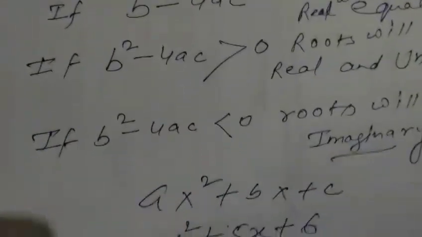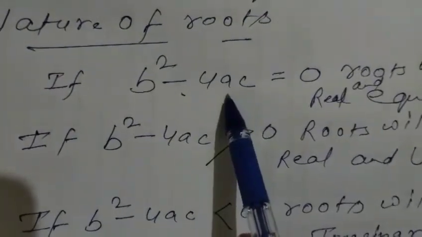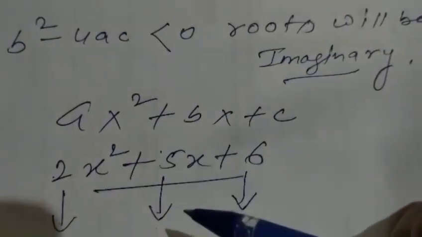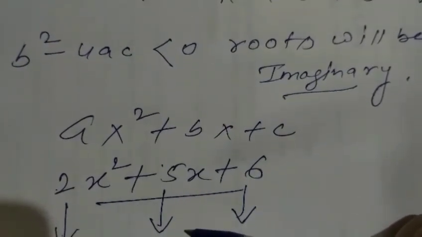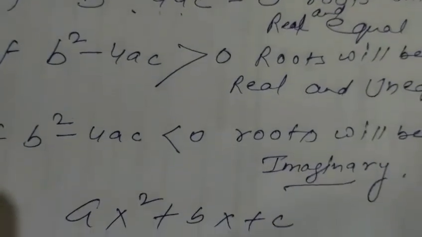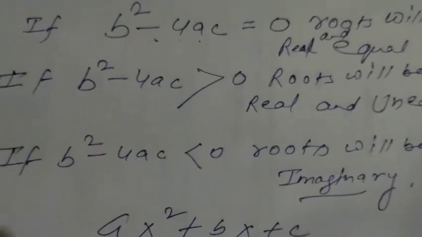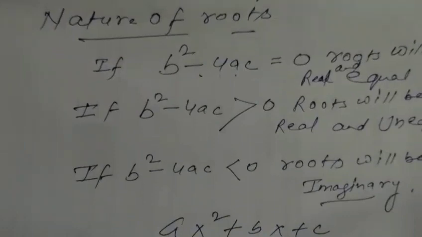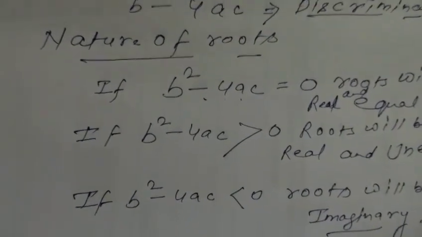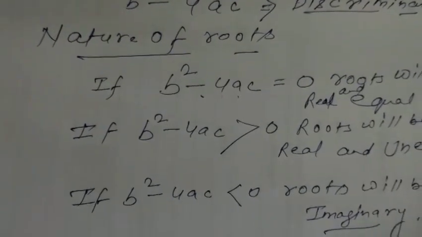You put the values of a, b, c in this formula, and then you can decide whether the roots of this equation are equal, unequal, real or imaginary. This is called the discriminant, and this is the fourth topic in quadratic equation.